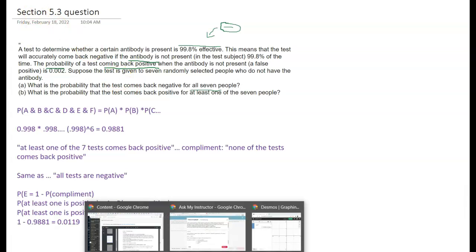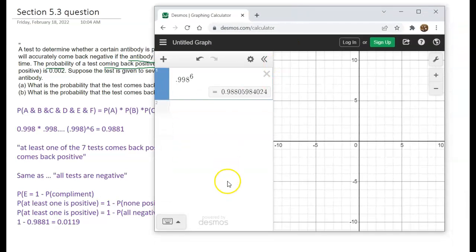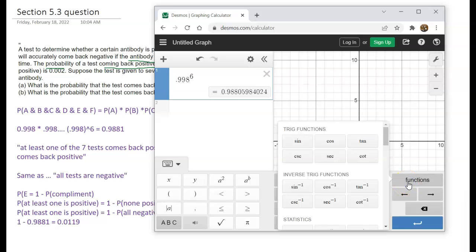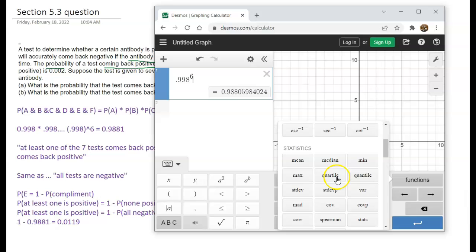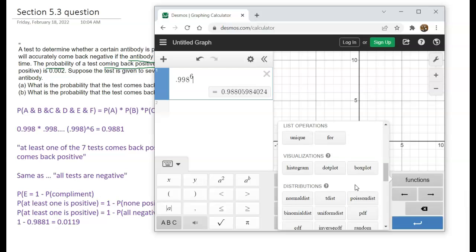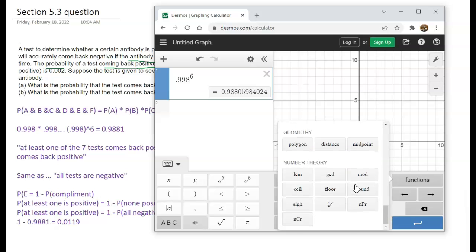One final comment on Desmos, just to show the permutation and combination formulas in Desmos. If you're asked to calculate a permutation or combination, you can use your graphing calculator or you can use Excel. You can also come in here into Desmos and click on functions, and there's statistics functions in here. There's actually mean and standard deviation and all of that. But there's also probability. So here it is, down here in number theory.